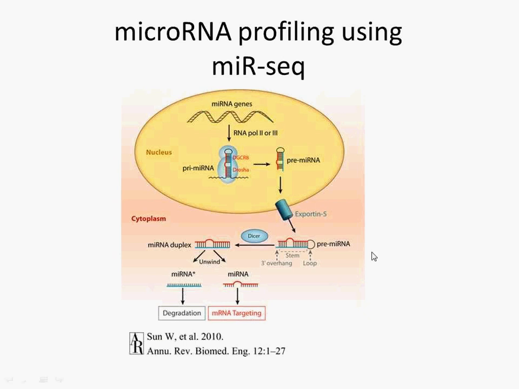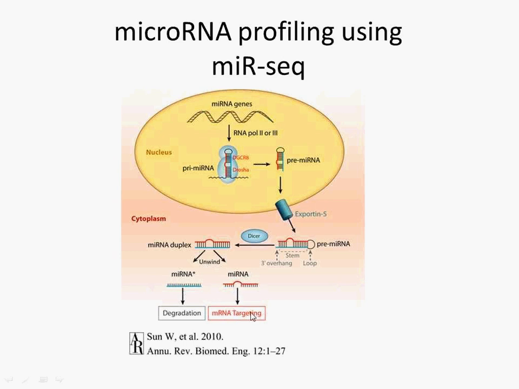MicroRNAs are transcribed from the microRNA genes by polymerase II and processed inside the nucleus into pre-miRNAs, exported to the cytoplasm, where the enzyme that we heard a lot about, Dicer, prepares them into their mature form, which can be loaded into two forms that have different effects in the cellular mechanism.